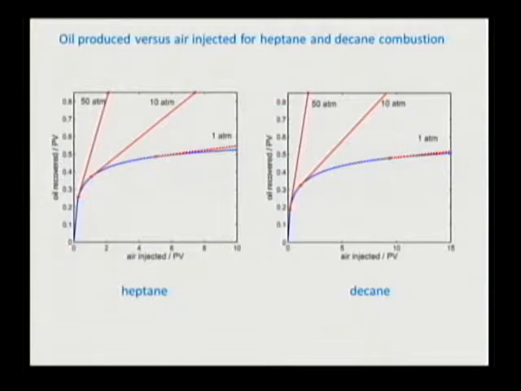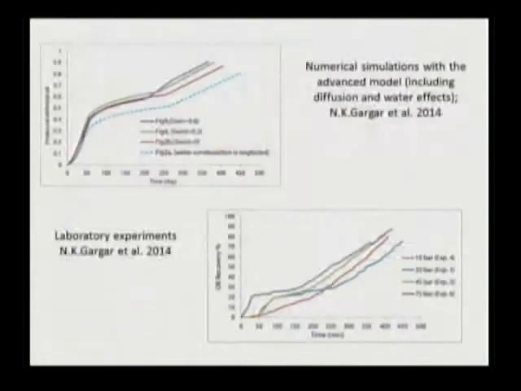So these are the recovery curves, and these are for different types of oil that we considered, like lighter oil, medium oil. The situation is very similar. Actually, it's self-similar. You can see that the horizontal scale is different, but the whole picture looks very similar. We did numerics.